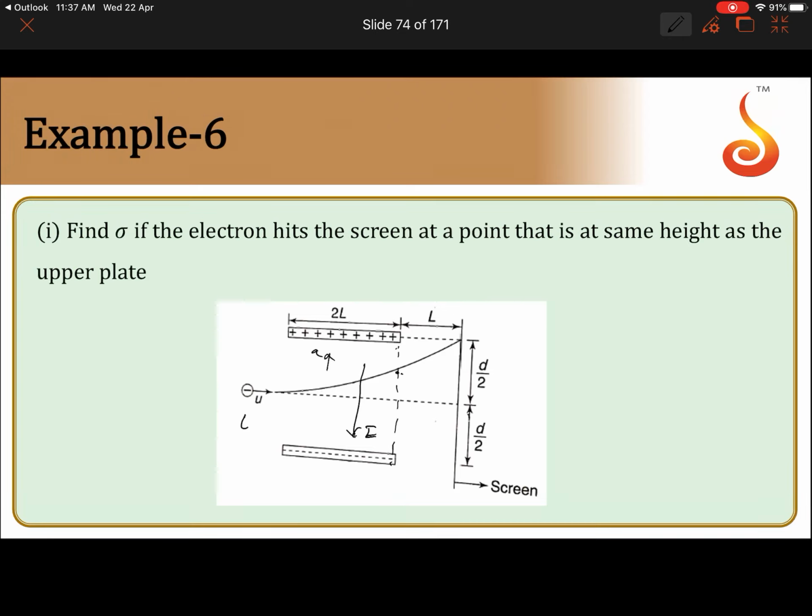So let this point be O, this B, A, O, B, C, and this be P, and this point be Q, suppose. So acceleration will be eE by m, and E is sigma by epsilon naught.